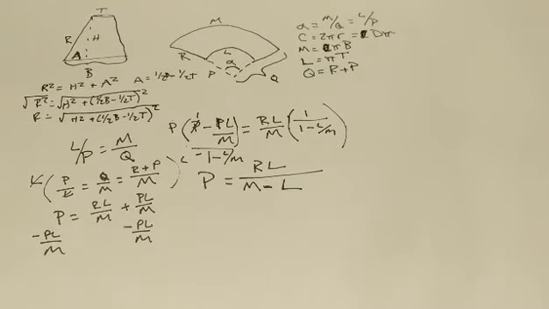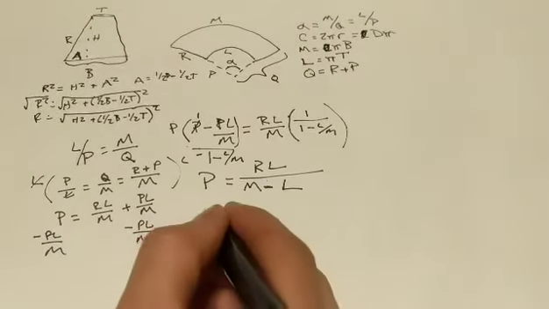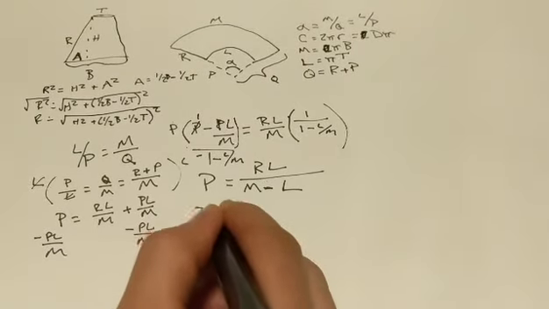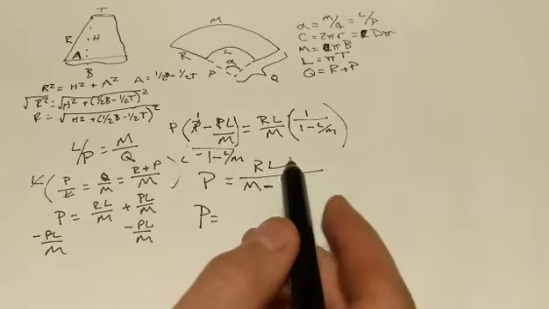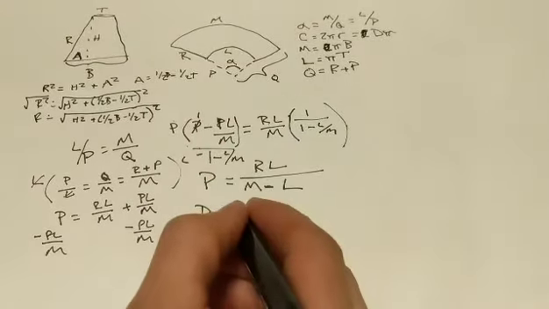All right, then we're going to plug in what we already know. So I'm going to write this a little differently here. So P is equal to, I'm going to do L first. So L is pi t.